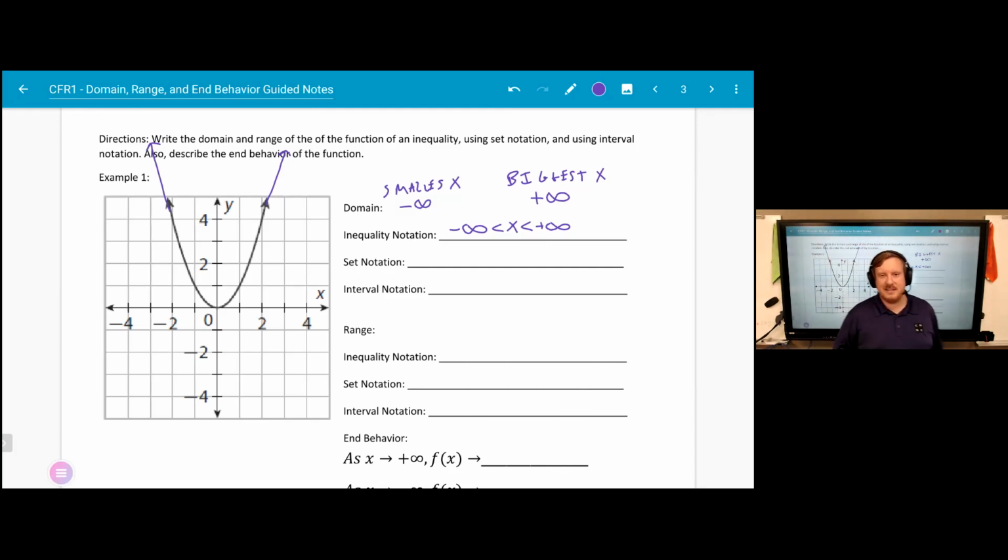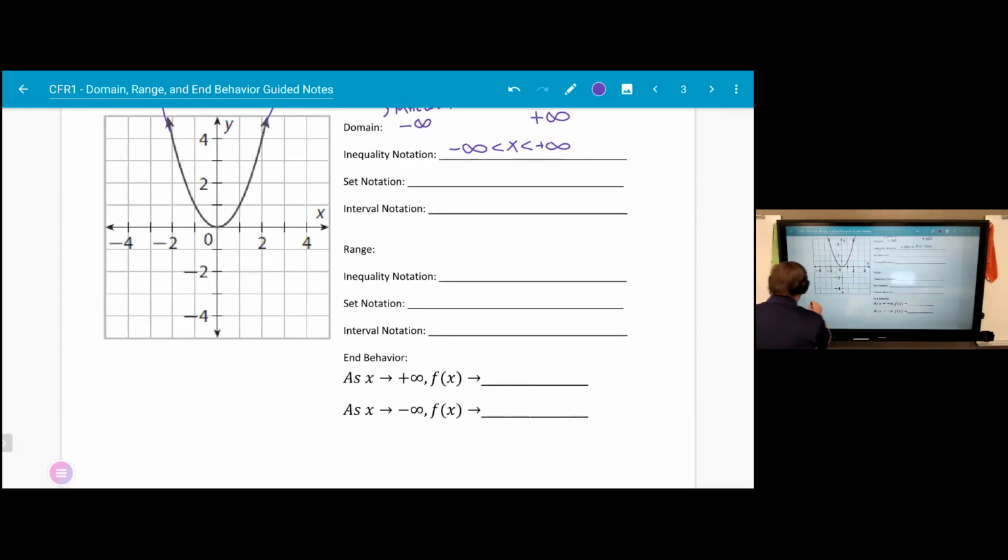We call this all real numbers. I'm going to write this at the bottom, okay? Here's a little note here. If you have no limits to domain or range, we call this all real numbers.